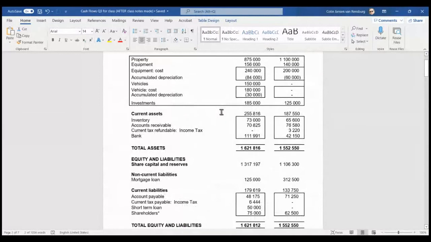So if we scrutinize our statement of financial position, do we see any item here that relates to dividends receivable? Yes or no? Any dividends receivable at the beginning of the year? No. Thank you.